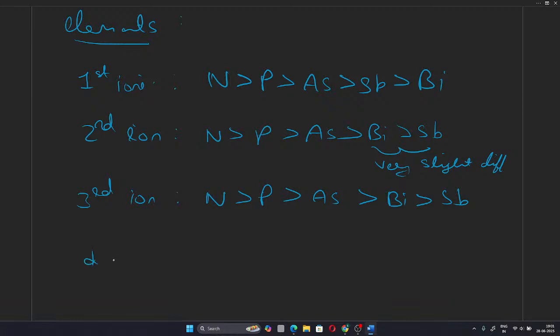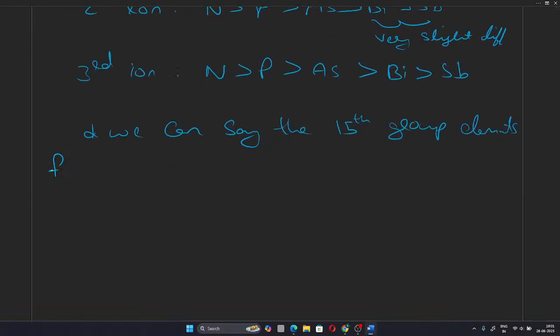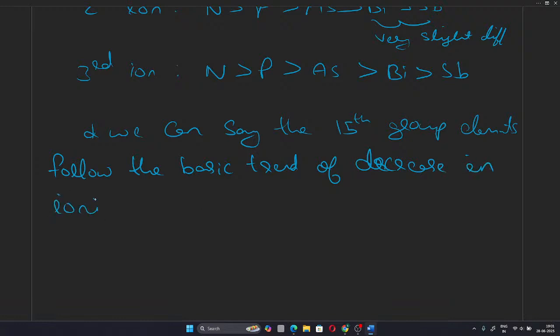So we can say the 15th group elements follow the basic trend of decrease in ionization enthalpy along the group, or we can say down the group.